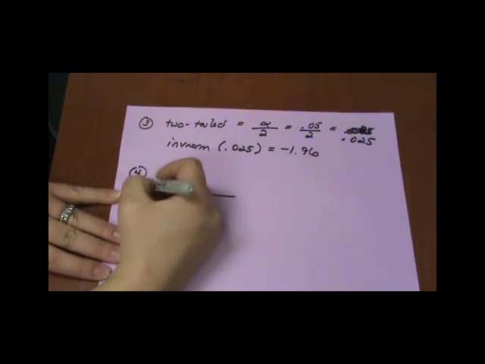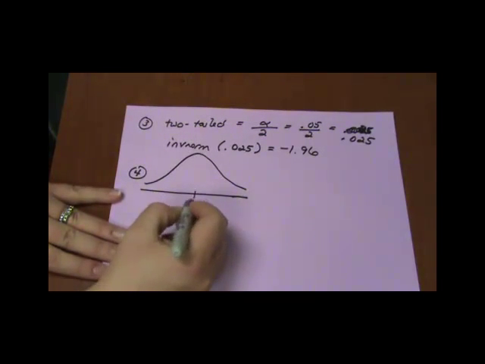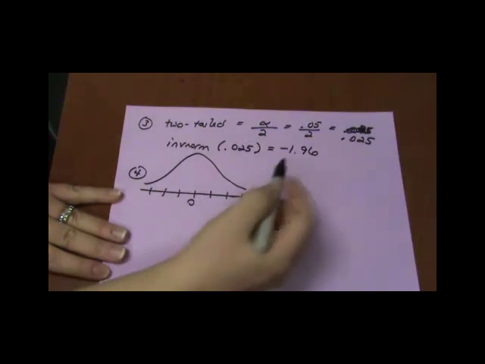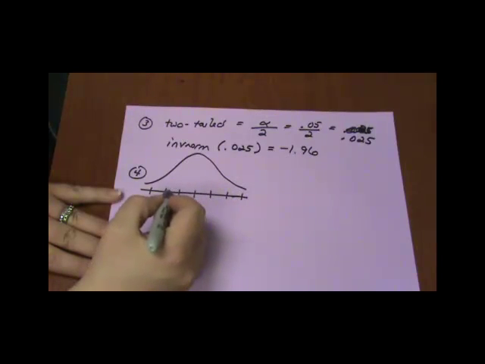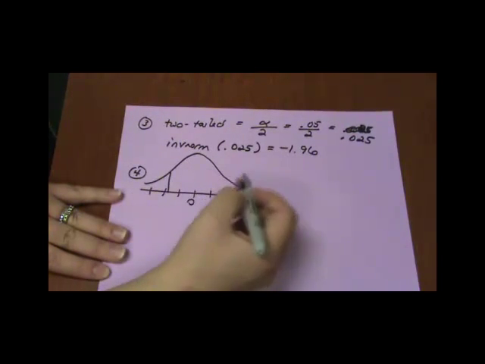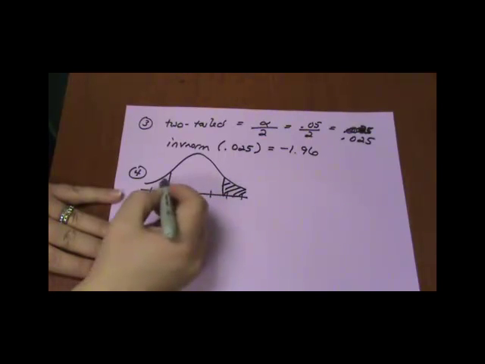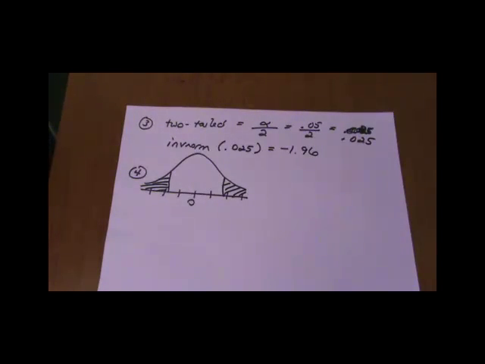I'm going to draw my region. Now here's another difference. With a two-tailed test, you need to put both ends. You're going to have two critical values, the negative and the positive. So negative 1.96, I'm going to say about right here. Positive 1.96, about right here. So I have two rejection regions. That's because it's a two-tailed test.